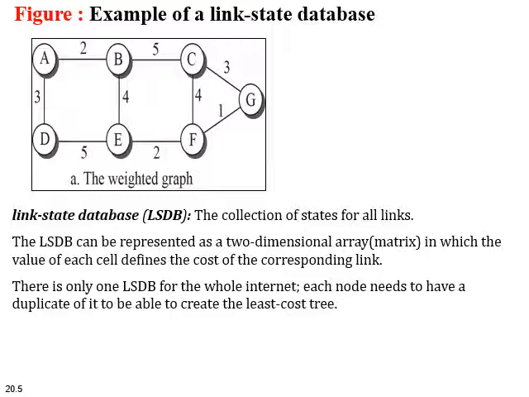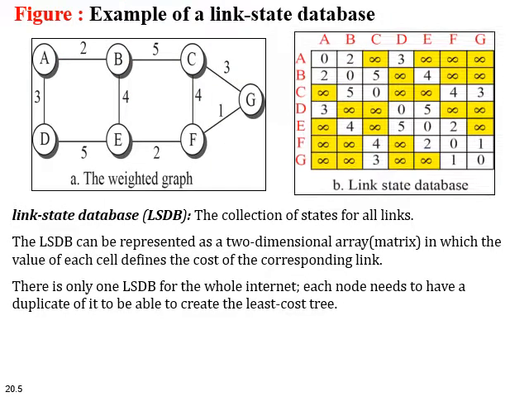It can be represented as a two-dimensional array or a matrix, in which the value of each cell defines the cost of the corresponding link. There is only one LSDB, that is, link state database, for the whole internet. Each node needs to have a duplicate of it to be able to create the least cost trees.